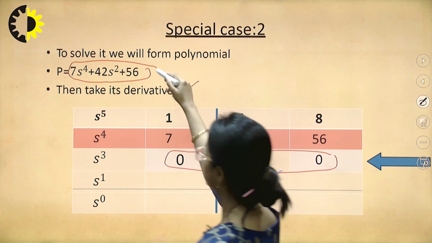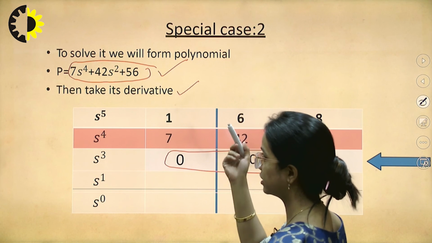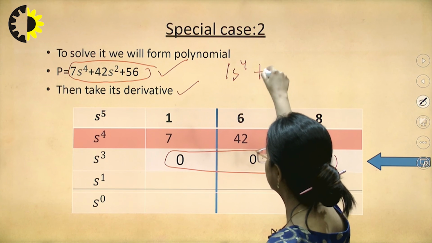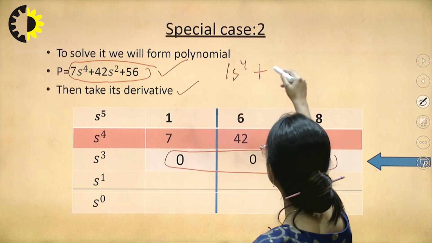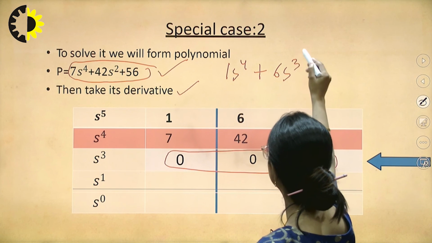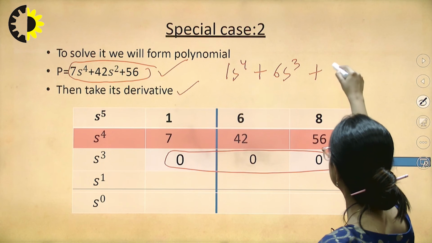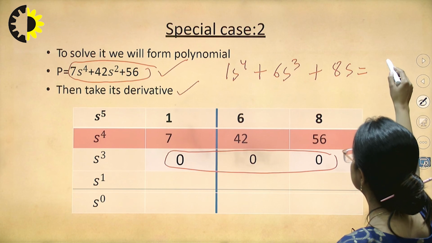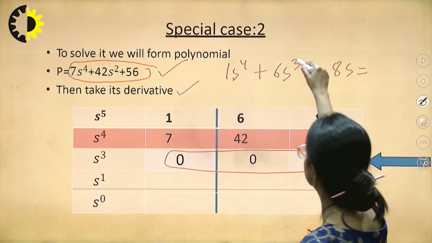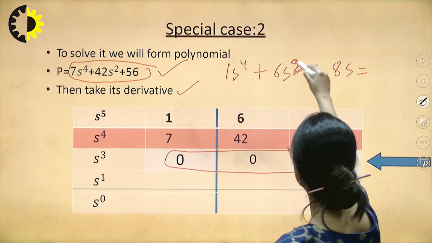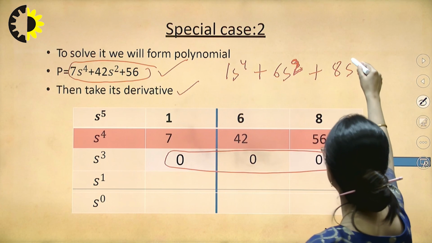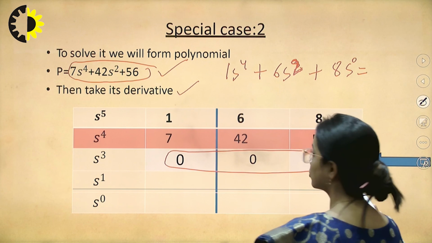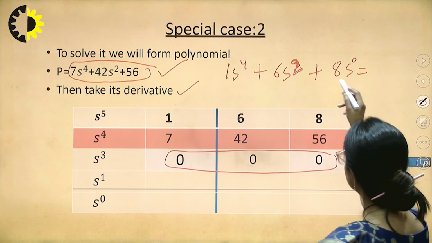We have to differentiate and then take the derivative, and in this derivative we can write it as 1 s to the power 4 plus 6 s to the power 2 plus 8 s to the power 0. Anything raised to the power 0 is 1, so this has to be a constant term.